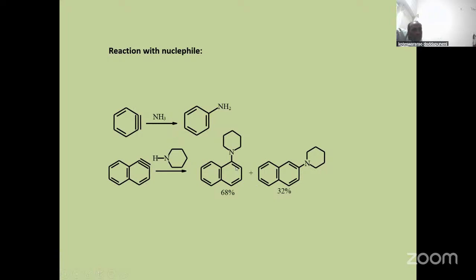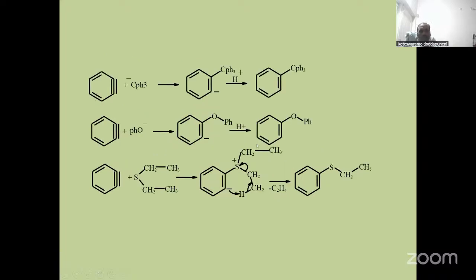It may lead to a mixture of products, that is, 68% is the alpha substituted product and 32% is the beta substituted product. This is the alpha position and this is the beta position. Next, benzyne is reacting with the trityl carbanion.